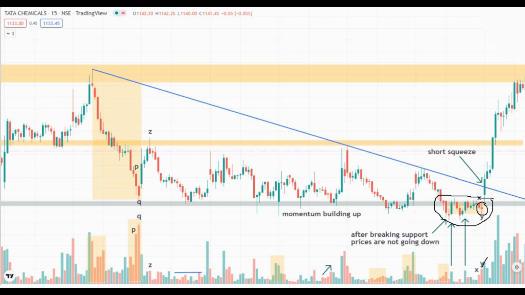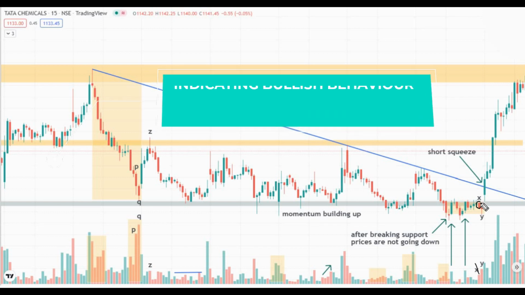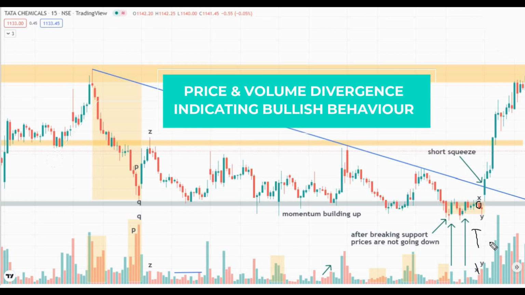There is clearly a divergence in the price and volume activity. Increase in volume, but this is an indecision candle, and also the previous candle had good volumes but the spread is very narrow. So this all indicates that buyers, that is demand, are overcoming supply.